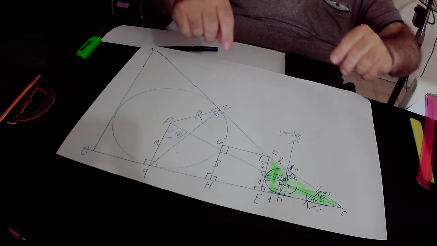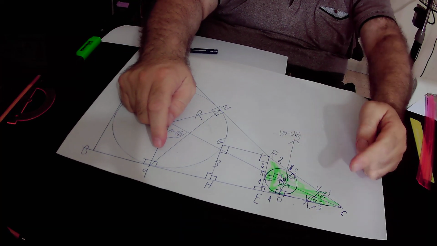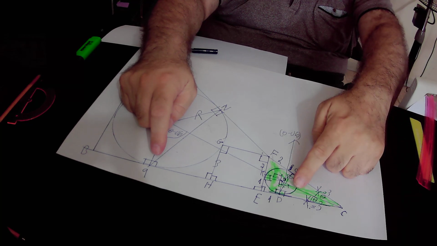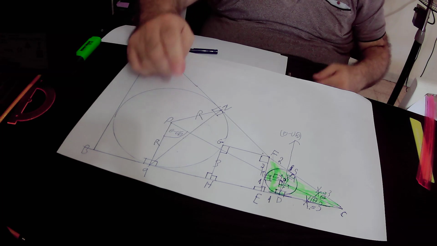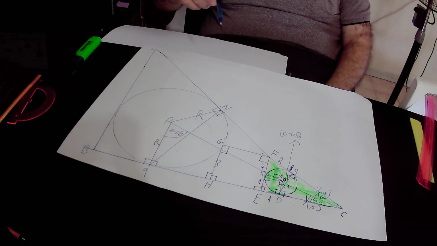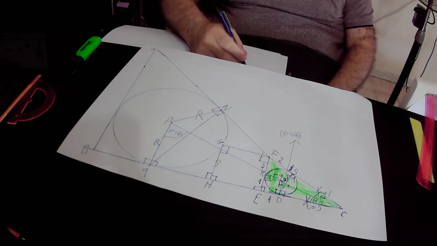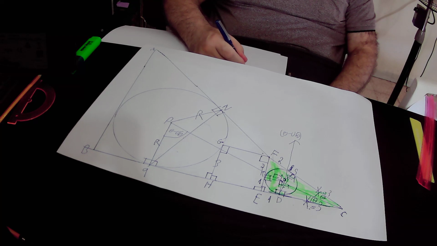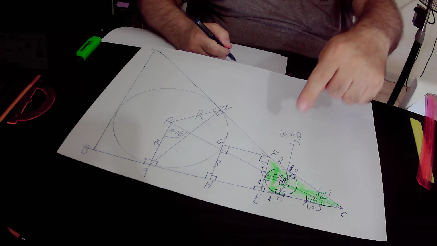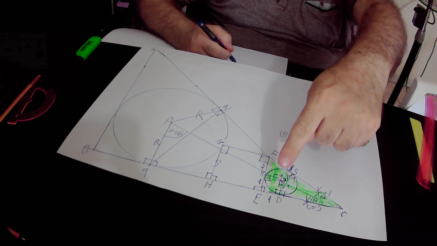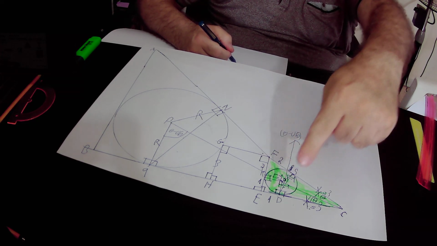In addition, those two angles are both equal to 90 degrees, therefore they are equal to each other. So you can write down that angle PQC, this angle, is equal to this angle, that is actually angle ODC.